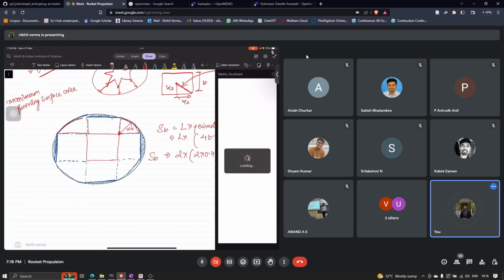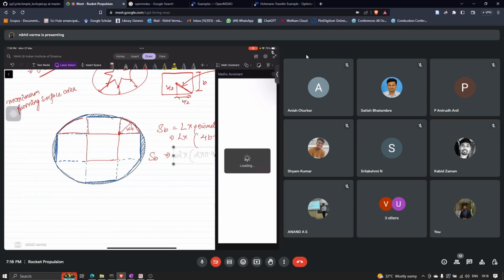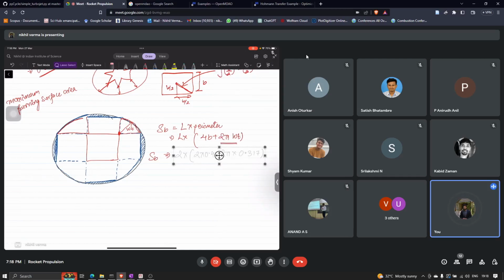Okay, so let me use this calculator. So this is 7.185 meters square, right? Yeah, you're right.